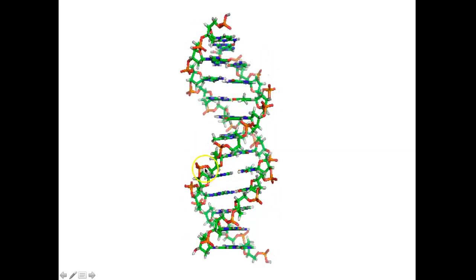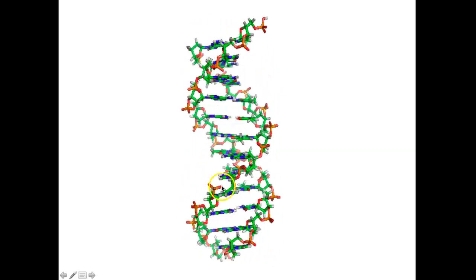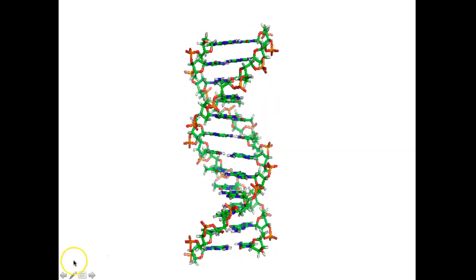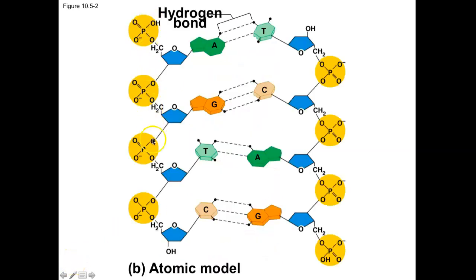And then we call the backbone of DNA, where you have the sides, a phosphate sugar backbone. So phosphate sugar, phosphate sugar, phosphate sugar, those create the backbones, whereas the center will have your nitrogenous bases.